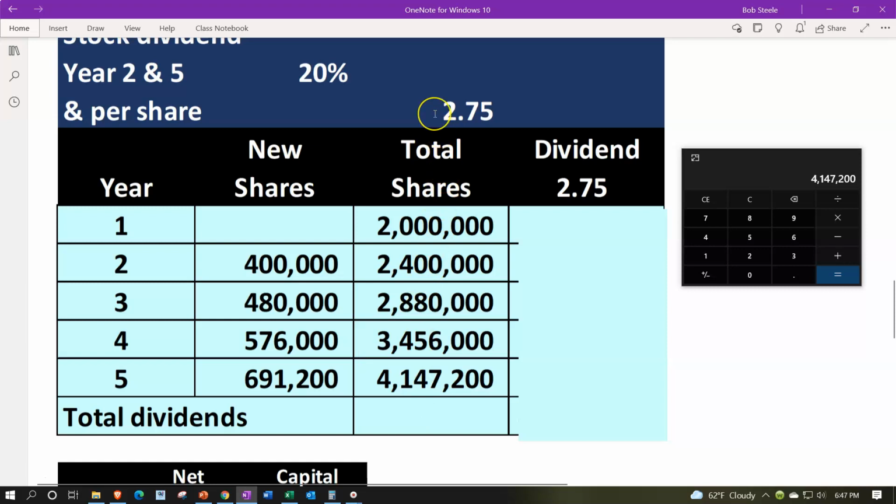Now, we're going to then be given the 2.75 per share, that'll change per year given the fact that we had the stock dividend, changing the number of shares that are out there, times the dividend up top. And note, when we did this running balance calculation, that's a lot easier to do in Excel if you do an autofill calculation, a useful calculation to practice with.